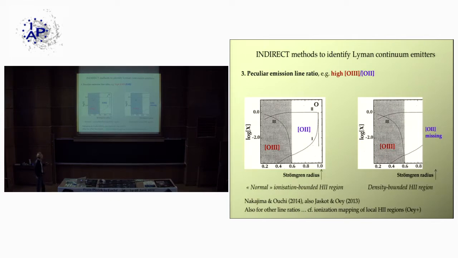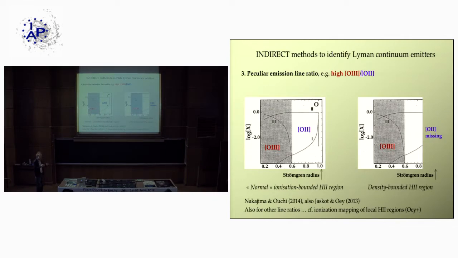The other very naive suggestion of an indicator for Lyman continuum escape is the following. It's simply related to a simplified picture of an H II region. Suppose that you have a normal H II region with a boundary, the Strömgren radius, then you know that in the inner parts you have a region which emits O III, in the outer parts you have O II.